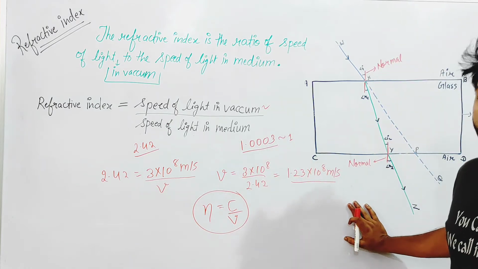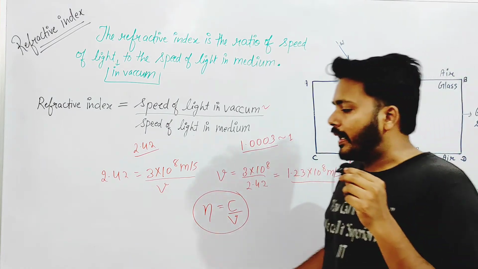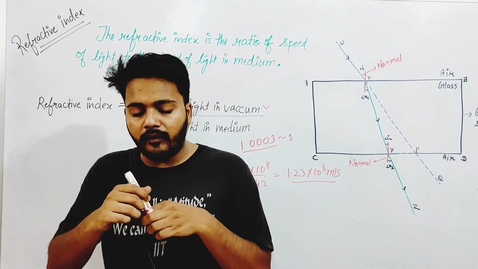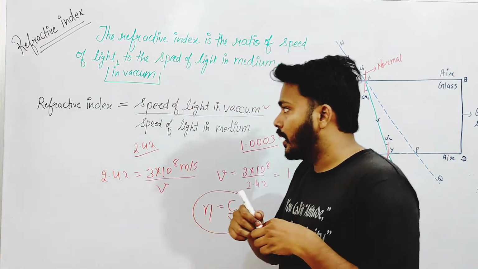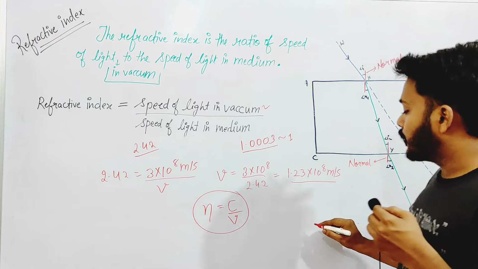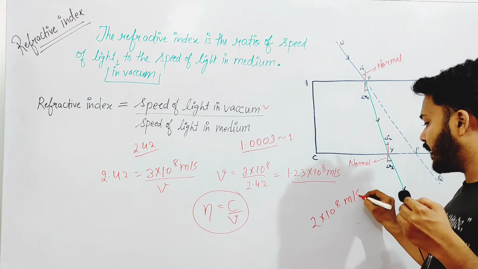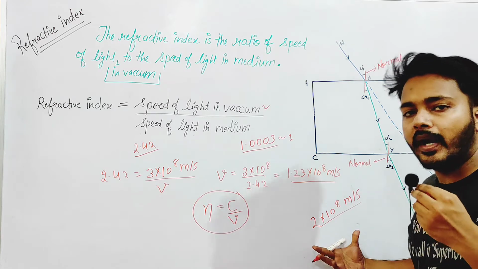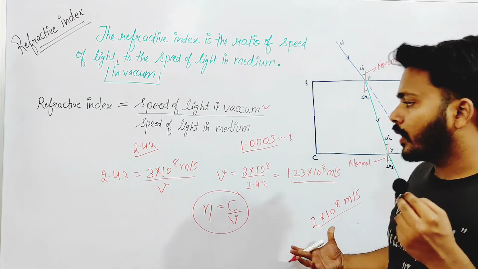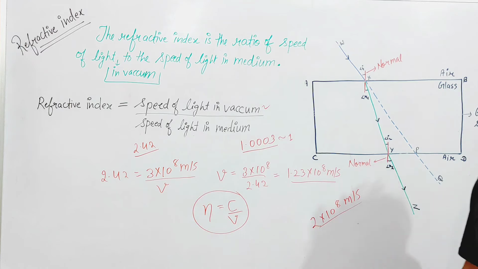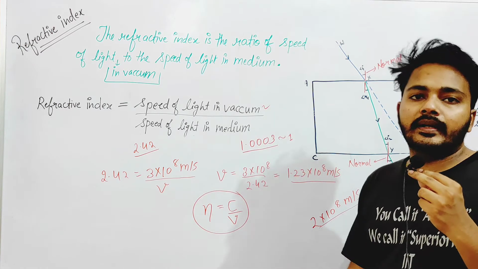Now the second type of numerical can be in a way that the speed of light in the medium is given. Like suppose 2 into 10 raised to power 8 meter per second is the speed of light in glass, I am assuming it. You have to calculate the refractive index. Just put the value and get the answer.